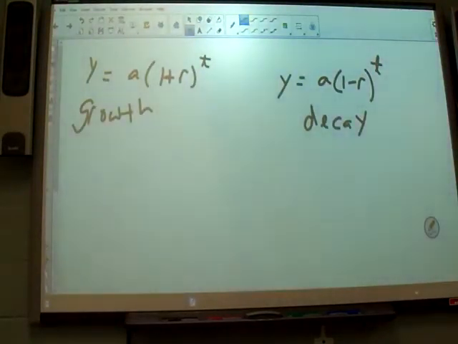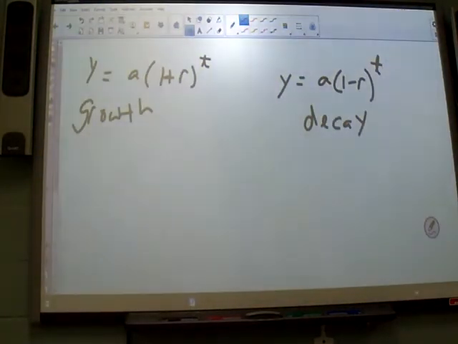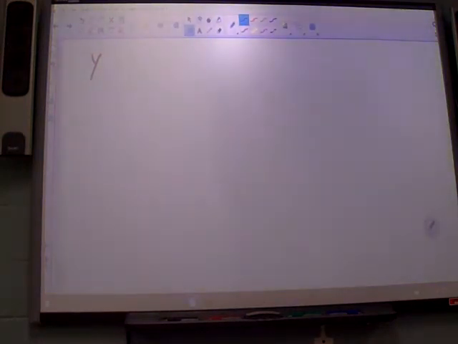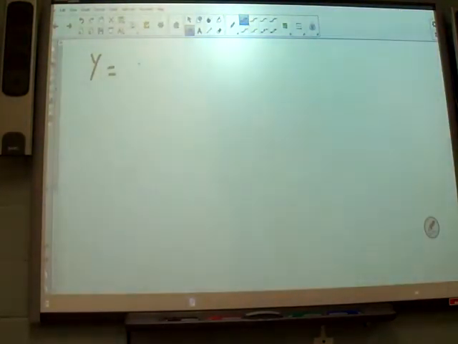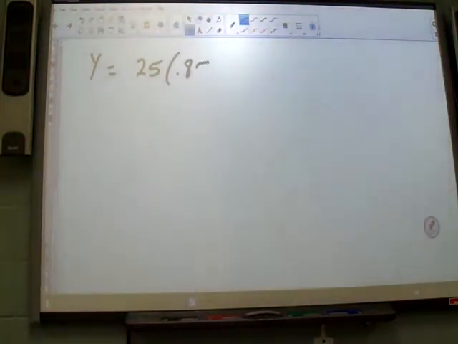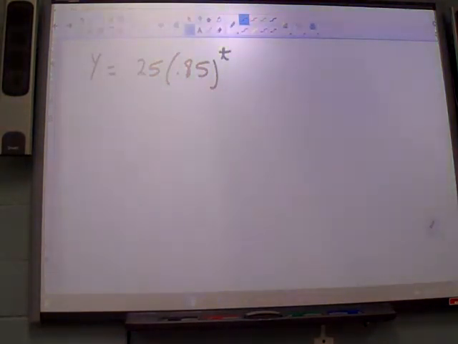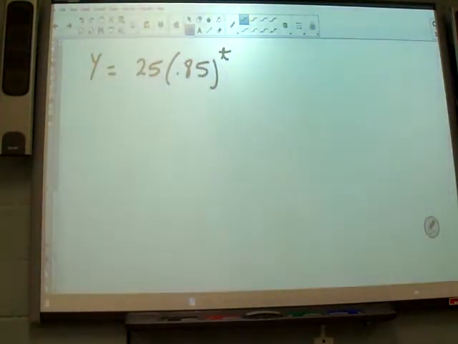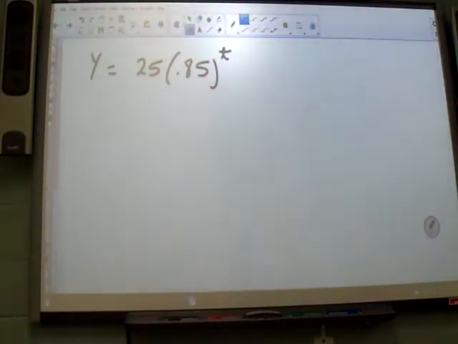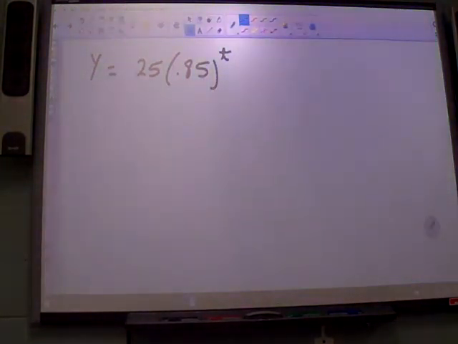So let's say the value of a car Y, in thousands of dollars, can be approximated by the model Y equals 25 times 0.85 to the T power, where T is the number of years since the car was new. This relates to that page I just went away from. That wasn't for no reason.